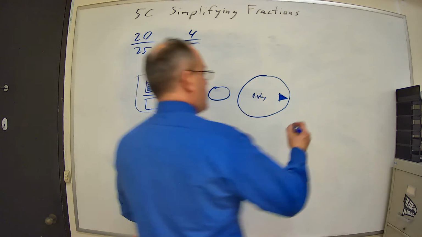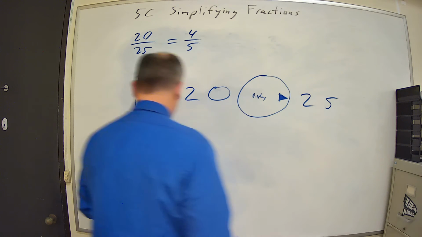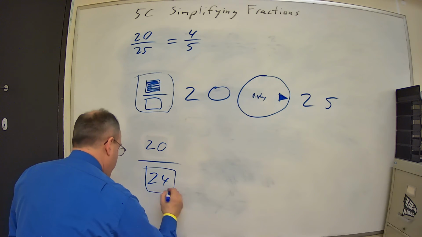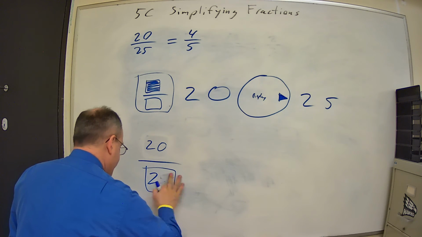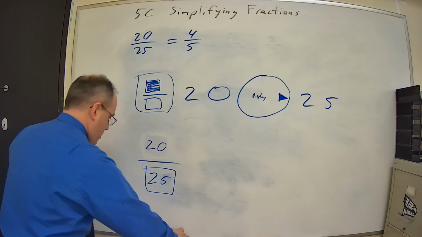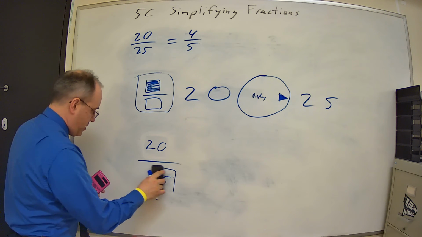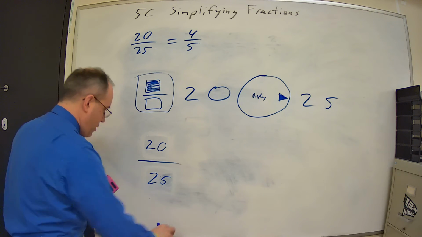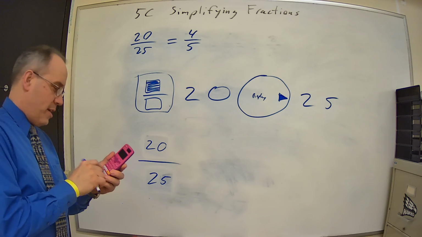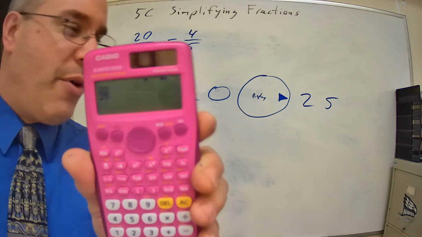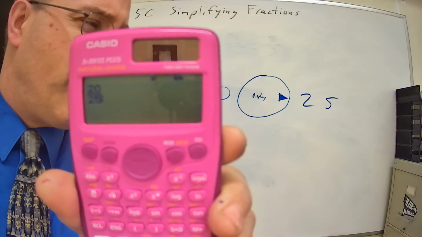I can now type in the 25, and that's going to replace my box there. And you can see that now I have 20 over 25.